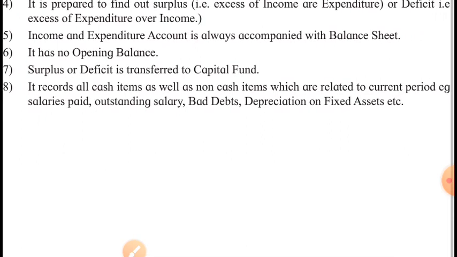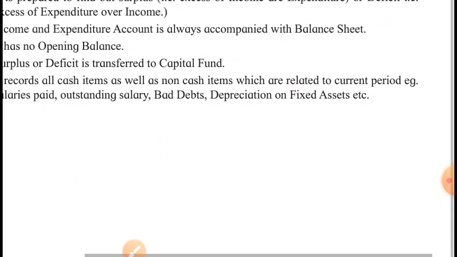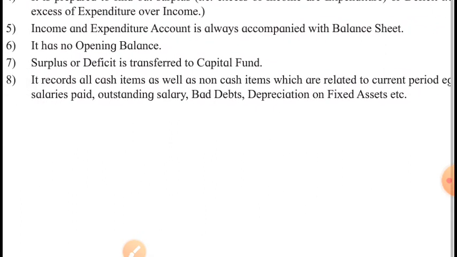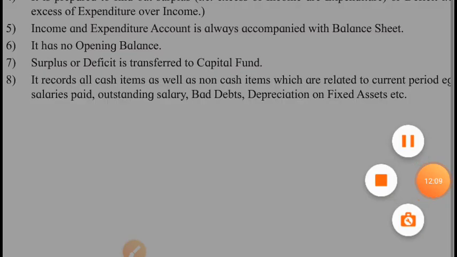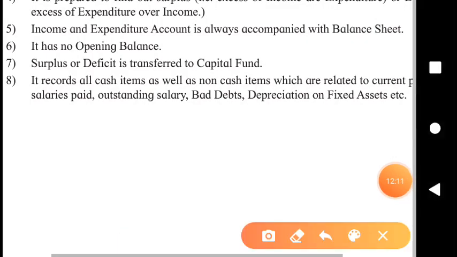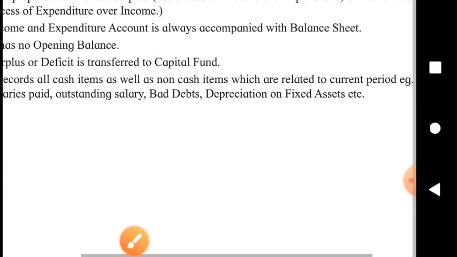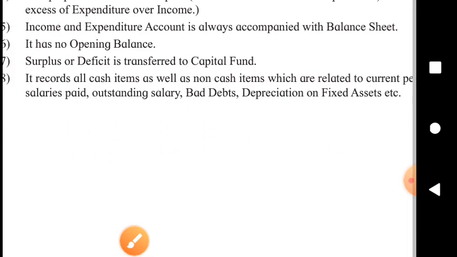Finally, it records all cash items as well as non-cash items which are related to the current period. Again, cash items as well as non-cash items which are related to the current period are shown in this account.